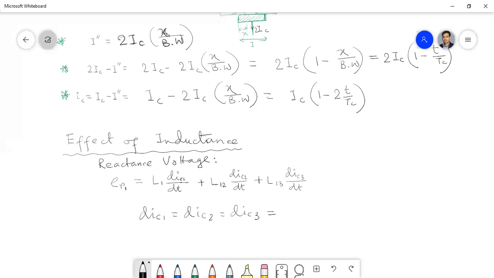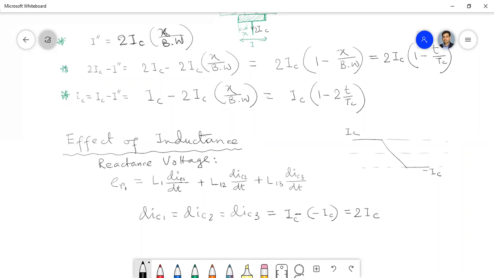So there are only two levels, IC and minus IC, because current is getting changed from plus IC value to minus IC value for all coils. These two levels are fixed, so it is always 2 IC.